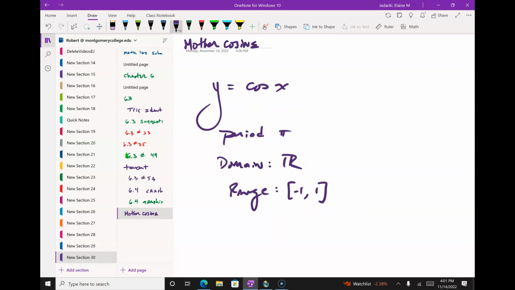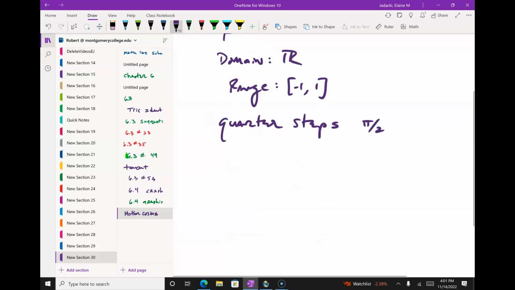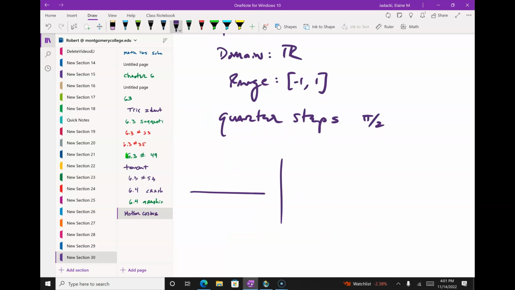The quarter steps are again pi over 2s. I want to get in the habit of being able to see the mother function to the right, the mother function to the left. But I'm really focusing in on that one box of a height 2 and a base of pi over 2.